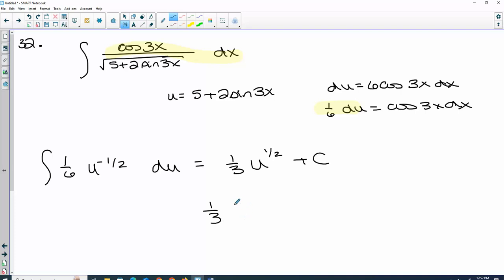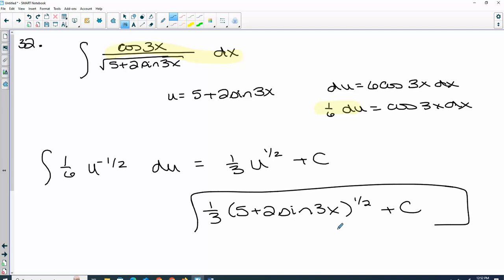And then to finish it, we replace the u. So u is 5 plus 2 sine of 3x, to the 1/2. Plus c. My thing is I forget to put dx in the line when I do my du, because it doesn't happen again. But you need to recognize it so that you have it when you do your substitution.